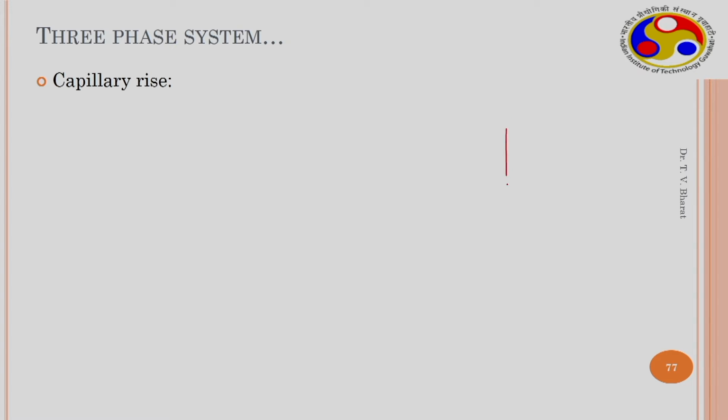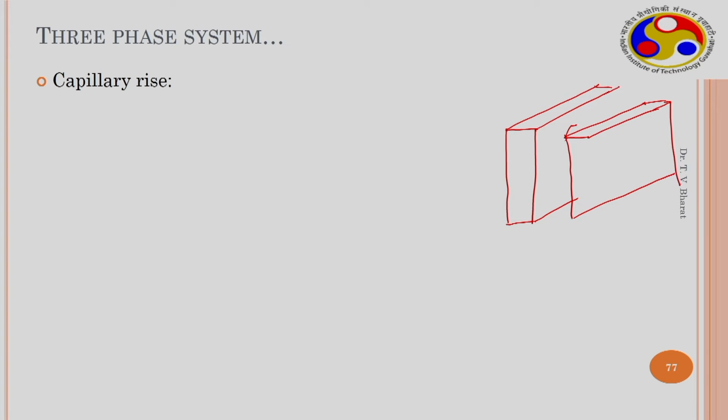If you assume that this is one plate, and you have another plate, so when they are immersed in water, what is the rise of height one can find out?